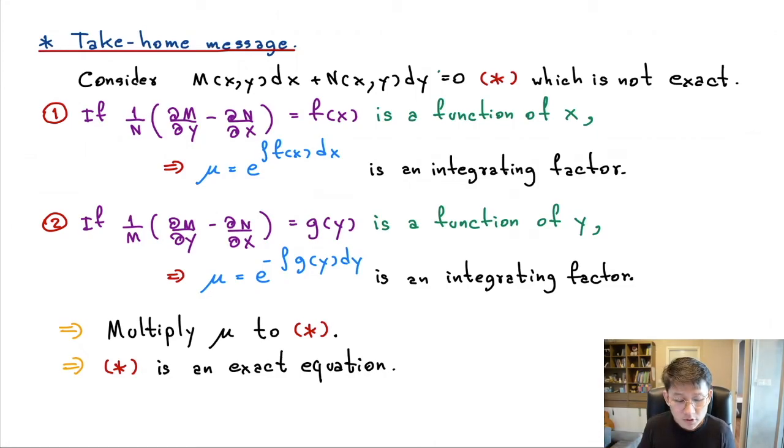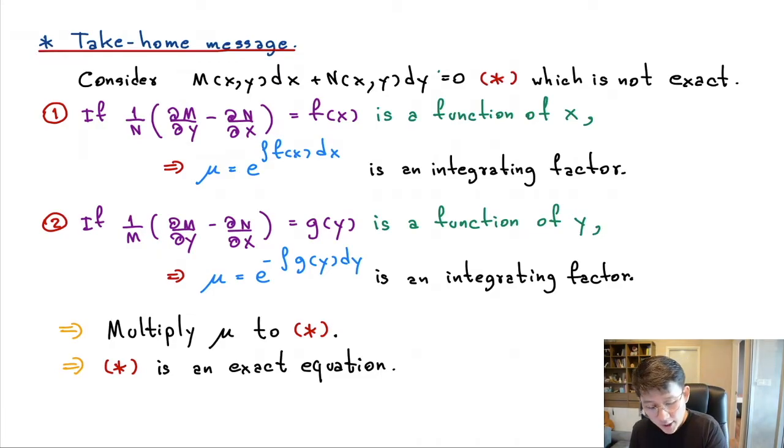Okay, so the take home message is that if you have this equation, m dx plus n dy equals 0, and it's not exact, okay? Because if it's exact, we would go back to the previous video and use the exact approach to solve it. So assume that it's not exact.